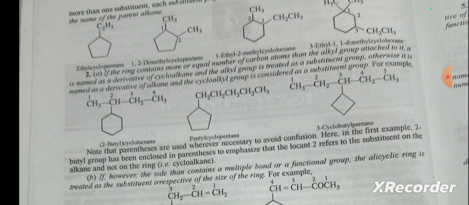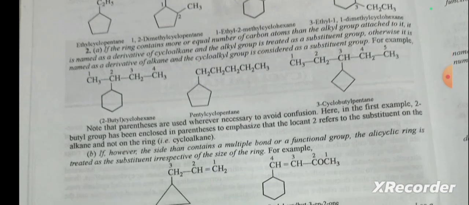Second, A. If the ring contains an equal or greater number of carbon atoms, then the alkyl group attached to it is named as a derivative of cycloalkane and the alkyl group is treated as a substituent group. Otherwise, it is named as a derivative of alkane and the cycloalkyl group is considered as a substituent group.